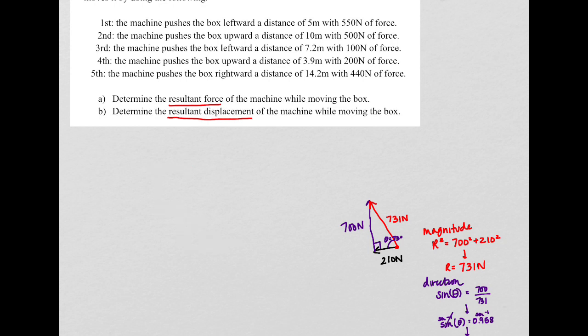All right, first we had 5 meters left, not up, 5 meters left. Then we had 10 meters up, so double that. Then again, we had 7.2 meters to the left. Then again, up, we have 3.9.